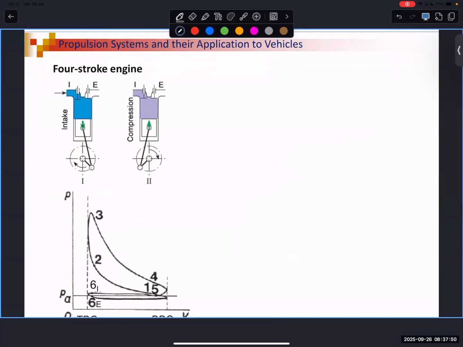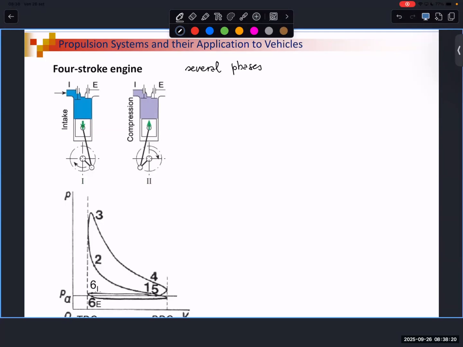Let's start with the four-stroke cycle. The piston is going up and down, as we were saying, two times, from TDC to BDC, down or up. And in this cycle, we will have several phases. How many phases?